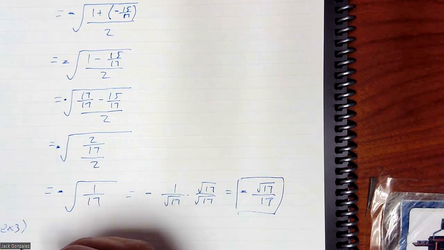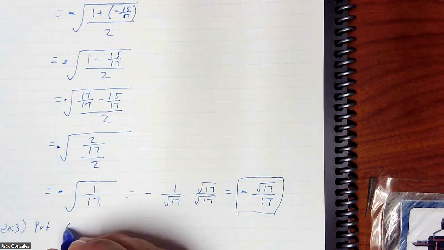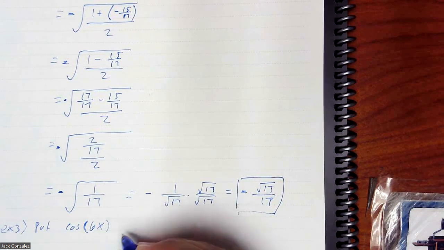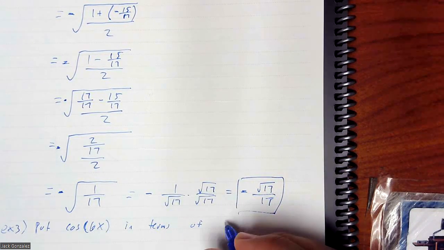Example 3. Put cosine of 6x in terms of cosine 3x.